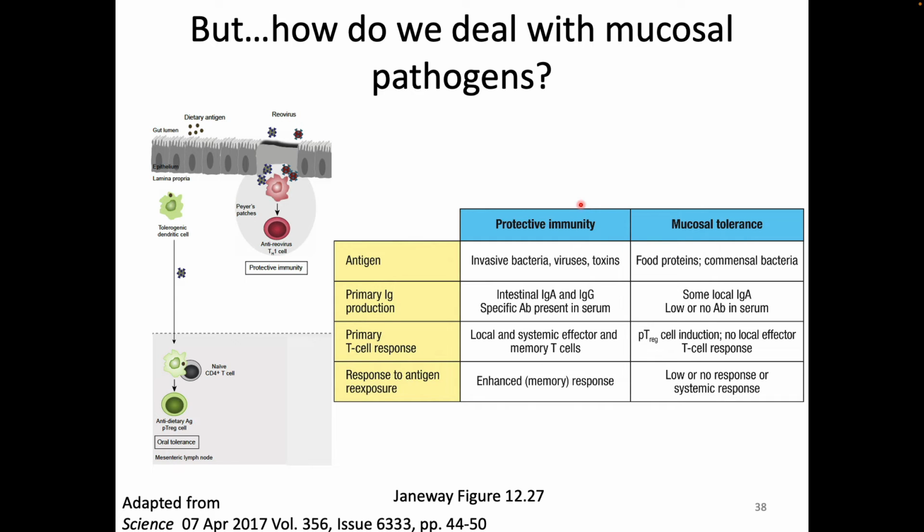And they make a nice distinction in this table. If you look at this table, particularly with regard to antigen, I would say that the difference is in the antigen, and because the antigens are different, the response is different. But if you look at what this table says about the antigen, what's different about the antigens in these two situations?